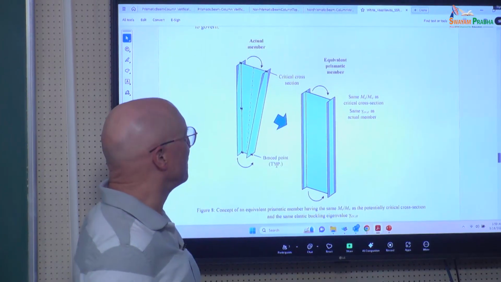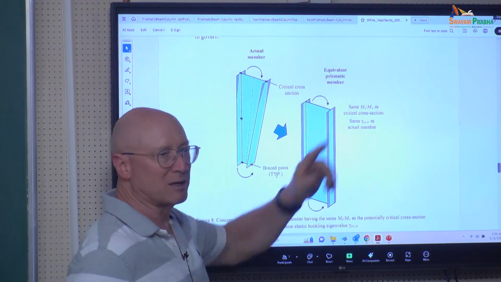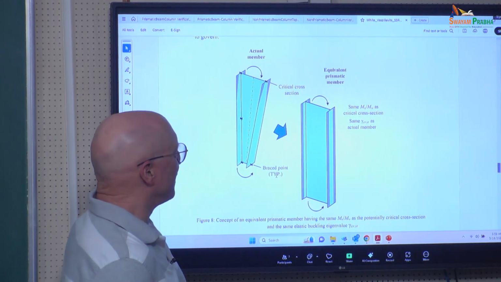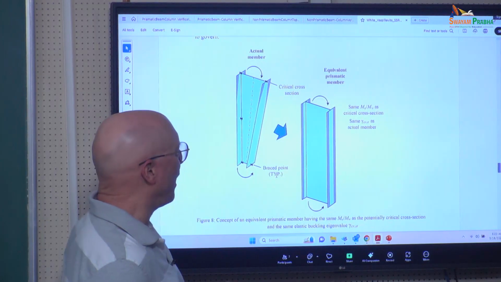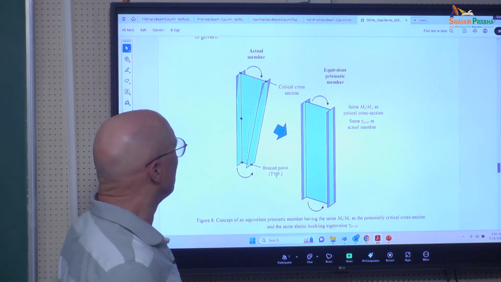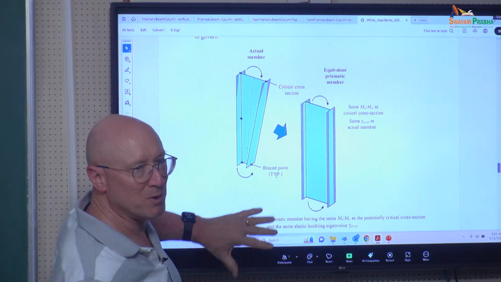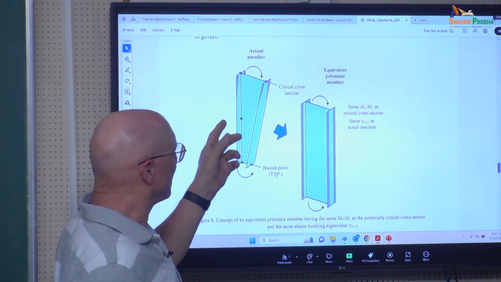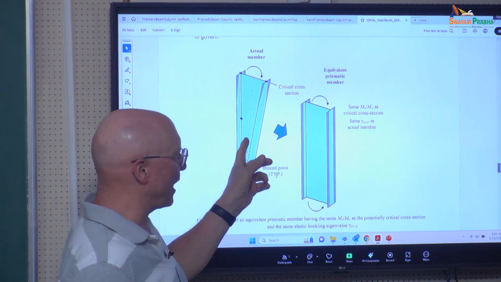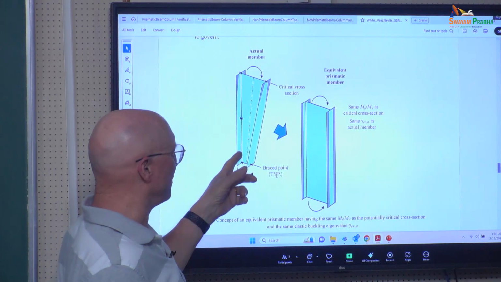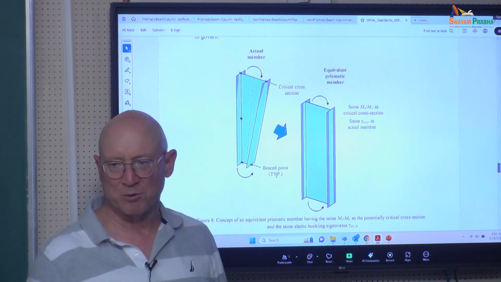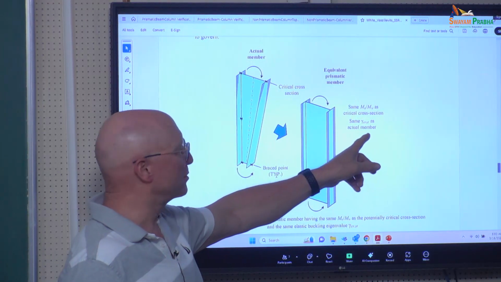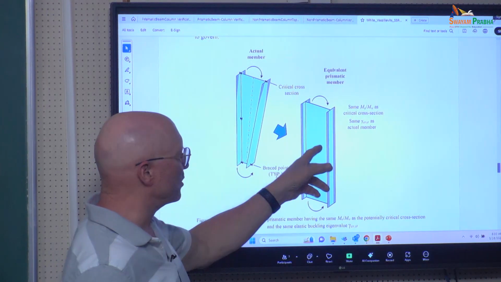Obviously, we've got to do some calculations given that cross-section to calculate MW. That's the plateau strength that we were talking about. We've also got an elastic buckling eigenvalue, gamma critical. That brings in the entire member. So you can see from what we just did, when we tapered the member, our gamma critical reduced because it wasn't as strong in terms of lateral torsional buckling. Once you have those two parameters, it can be non-prismatic or prismatic.